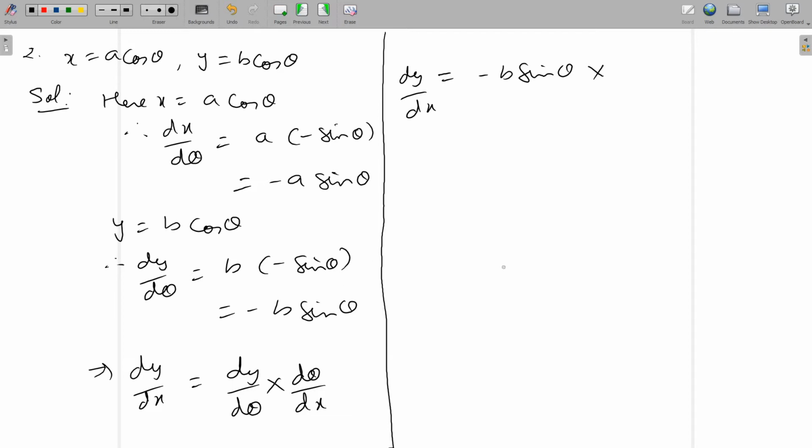So we'll take the reciprocal of dx by d theta, that is, the reciprocal of minus a sin theta. So what we'll get is 1 by minus a sin theta. So minus and minus cancel out, and sin theta and sin theta cancel out. Therefore dy by dx will be equal to b by a. So this is question number 2.